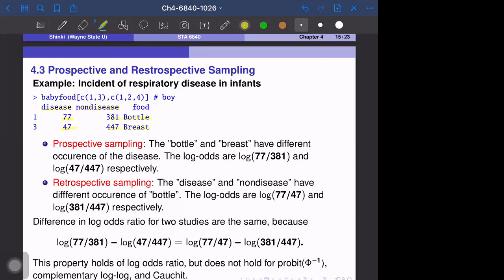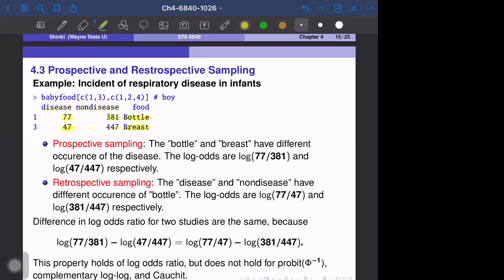So in terms of prospective sampling, if we focus on the difference between the bottle and the breast, the breast group has less disease, 47 versus the non-disease, 447. So that is a little less than 10%. But if the food is bottle, then that is 77 versus 381.